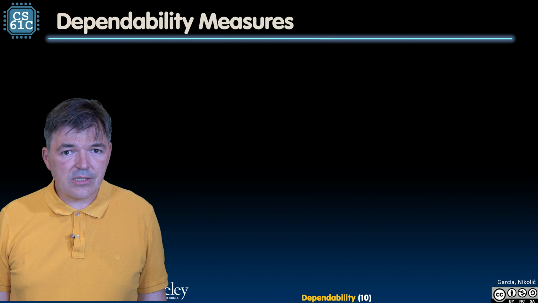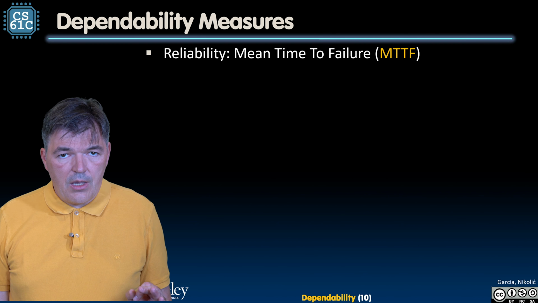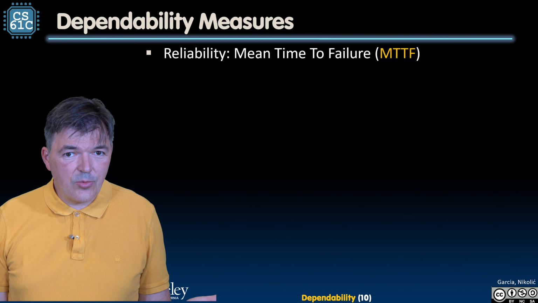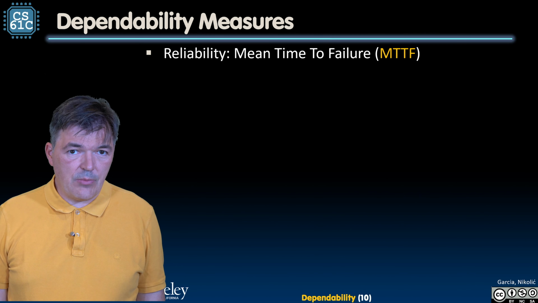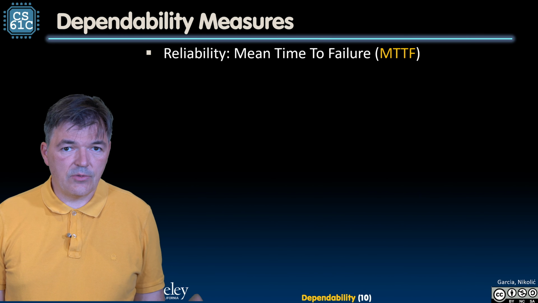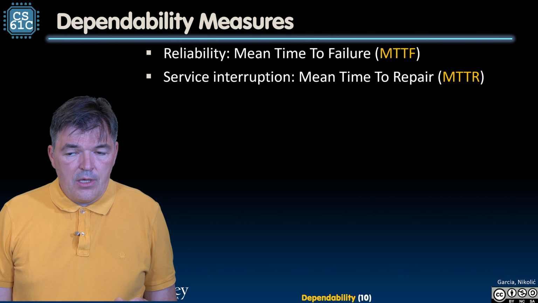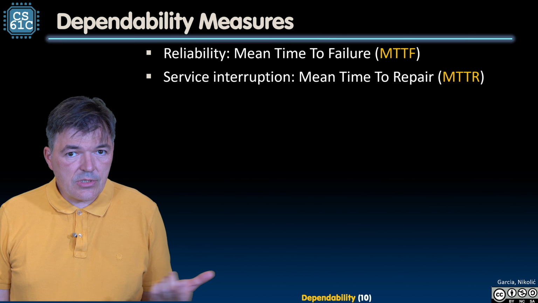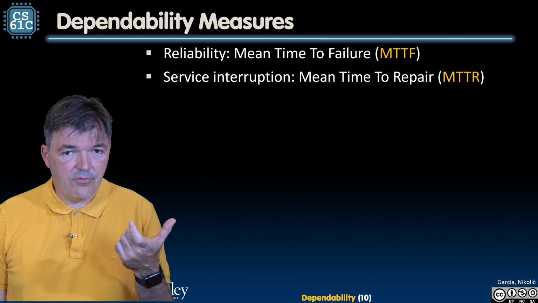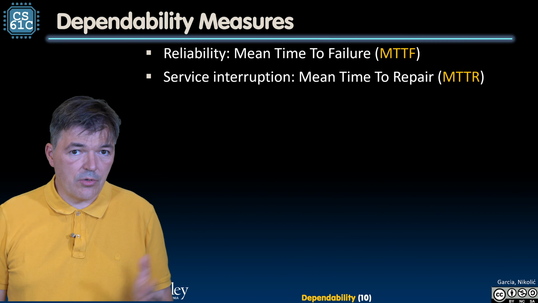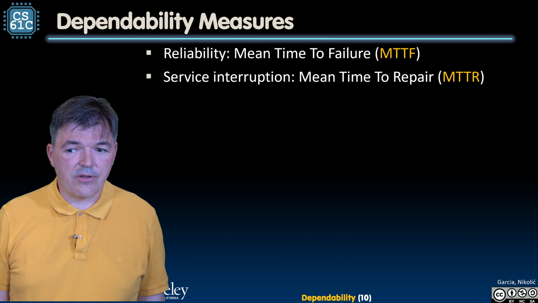Let's take a look at some of these dependability measures. What kind of yardstick do we use to measure dependability? The first one, and the most commonly used one, is the mean time to failure, or MTTF for short. That basically measures how long it takes for a device to fail, or between two failures of the same device if they are recoverable.